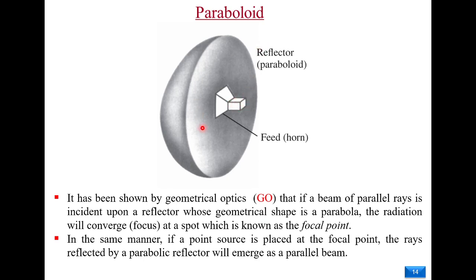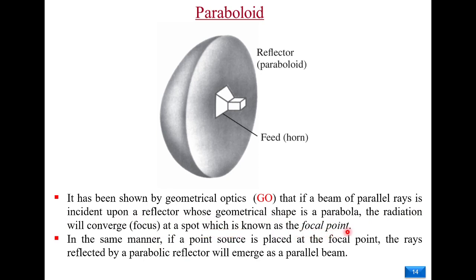So the idea of this paraboloid is coming from geometrical optics, where it has been shown that in the receiving mode, parallel rays incident upon a reflector, like a dish receiver or satellite receiver, the signal is coming from very far, so it is falling on the surface of the reflector as parallel rays. Upon this reflector, the geometry is a parabola. The radiation will be converged or focused to the spot that is known as the focal point.